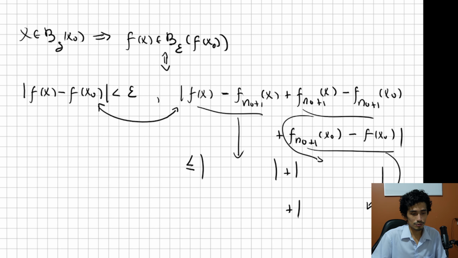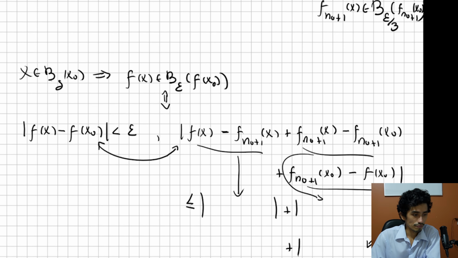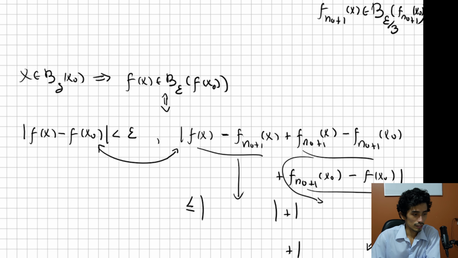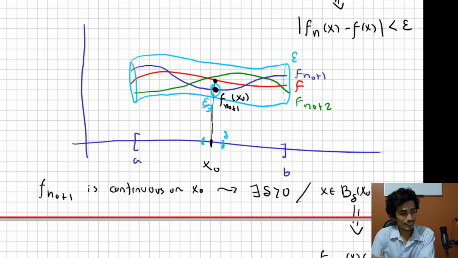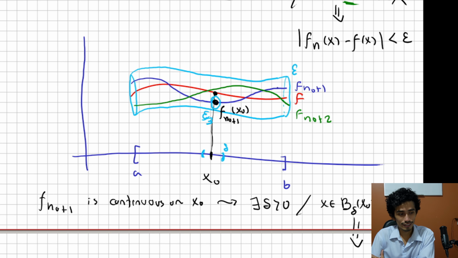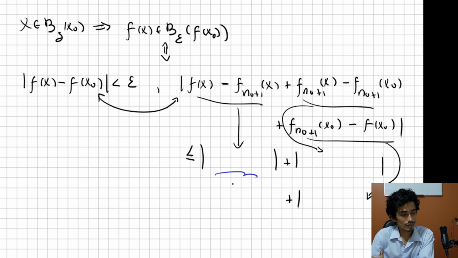I don't want to write it again, but you know that this is the difference of f and f_n at the same point, and all of the functions are inside of this band, right? If we made this band like that, then this will be smaller than epsilon divided by 3.